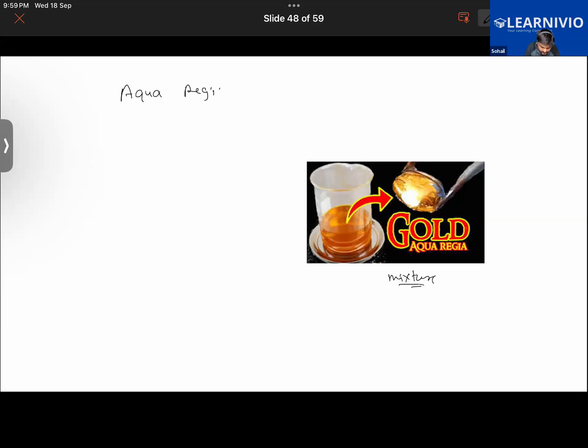Now we have finished the chapter, and at the end of the chapter, we are learning about a special type of mixture. That is aqua regia. Getting it? By the way, it is also called royal water. Aqua regia is made by mixing hydrochloric acid plus nitric acid.